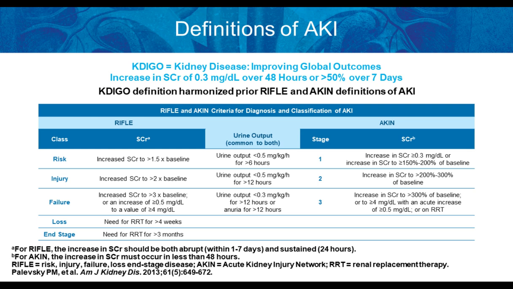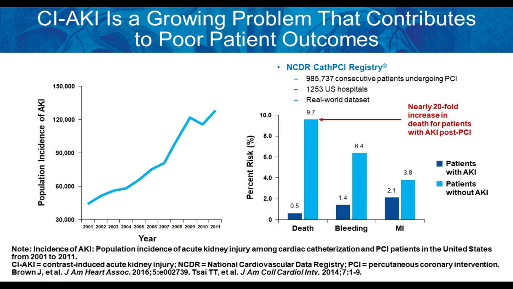Now, in terms of the definition of acute kidney injury, there have been a number of different definitions over the years, but what's used now is primarily the acute kidney injury network definition, or AKIN definition, which is a rise in serum creatinine of greater than 0.3 milligrams per deciliter over a 48-hour period. With that definition in mind, we can see that contrast-induced AKI is a growing problem that contributes to poor patient outcomes.